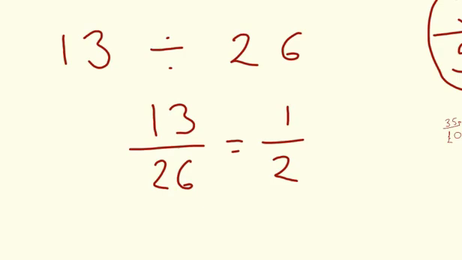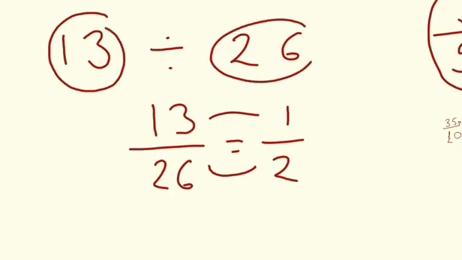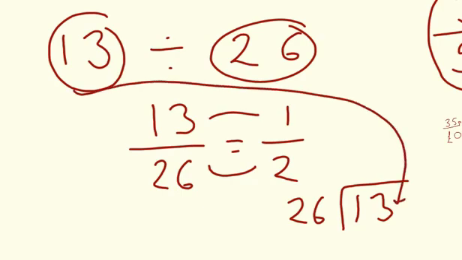You always have to cancel fractions. Incidentally, when you see a 13 and a 26, the 13 will be in the box and the 26 will be on the outside. That's how you know which number to put in the box. This 13 goes in the box. The first one of the division goes in the box. Okay.